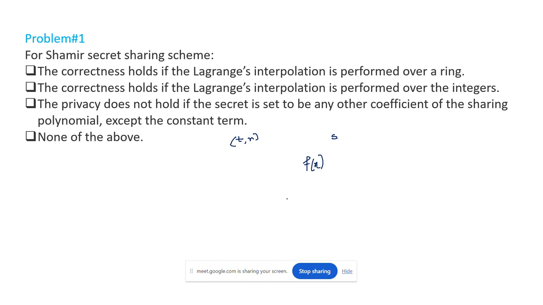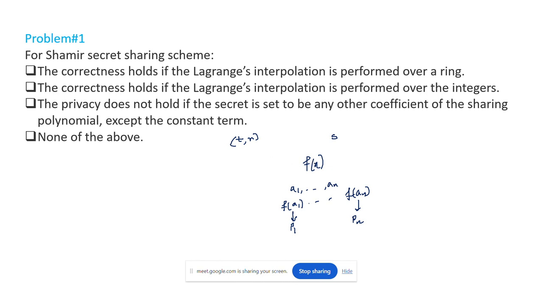Those n different points will be known to everyone, say a1 to an, and you evaluate the function at those points. Whatever the computed values are, those are nothing but the secret shares given to the parties p1 to pn.